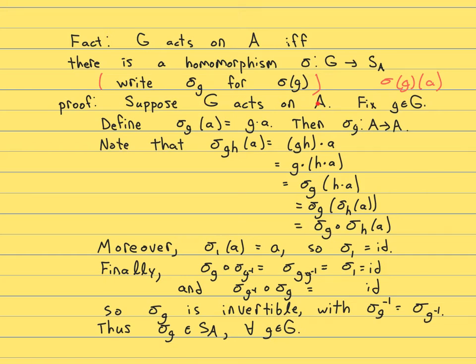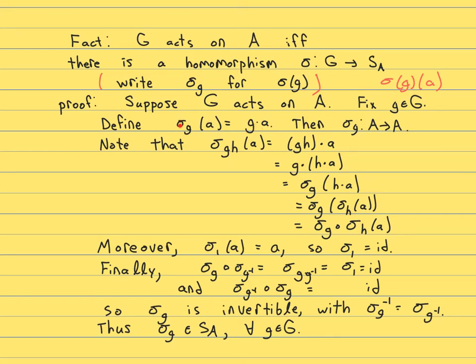Suppose G acts on A, then we need to construct this homomorphism. We're going to do it in stages. First, we're going to define this map, fix an element of G. We're going to define sigma of G of A to just be G dot A. So given an element of A, this is its output.